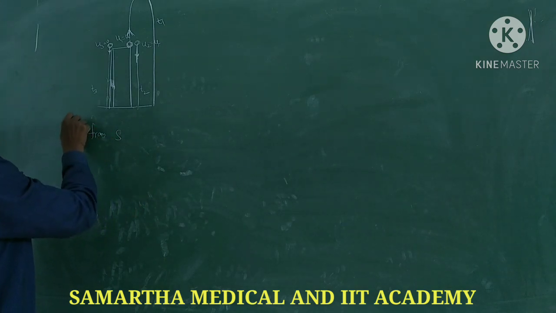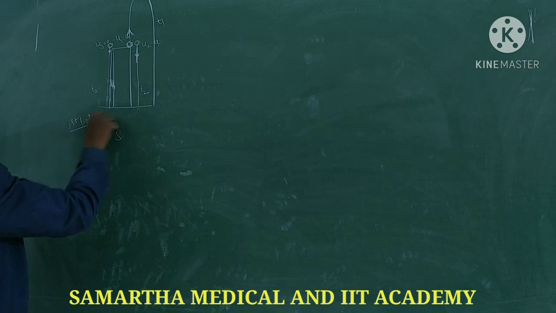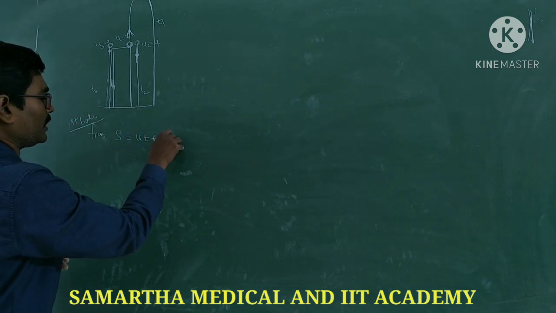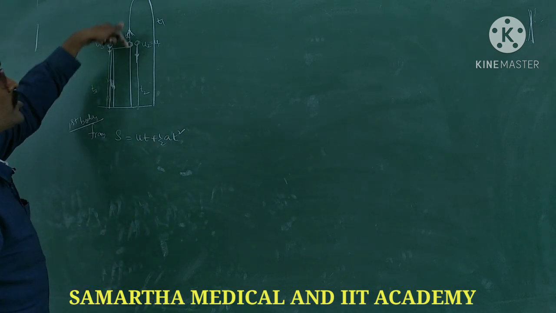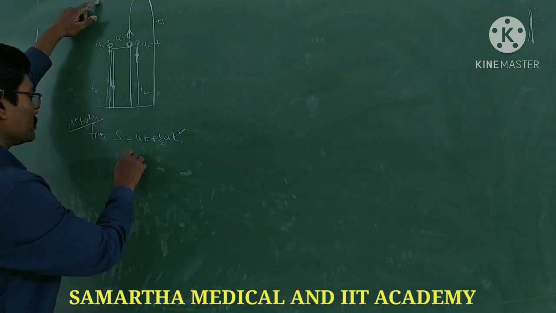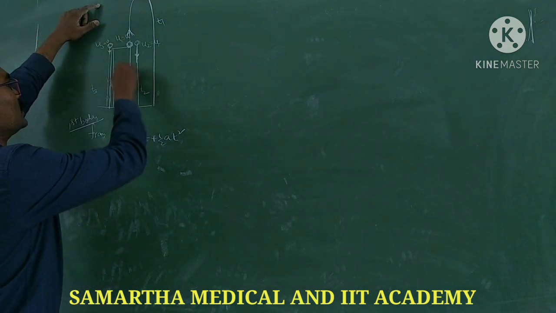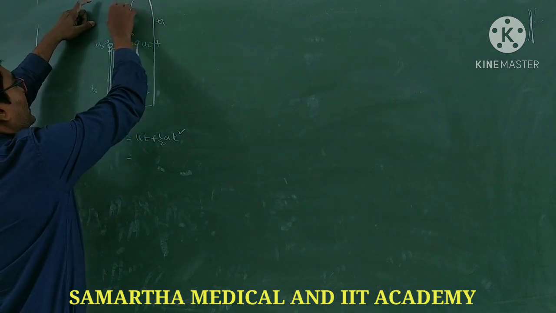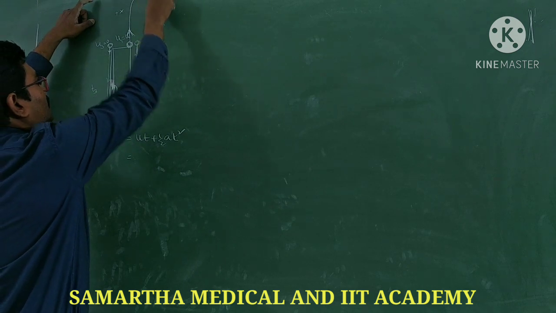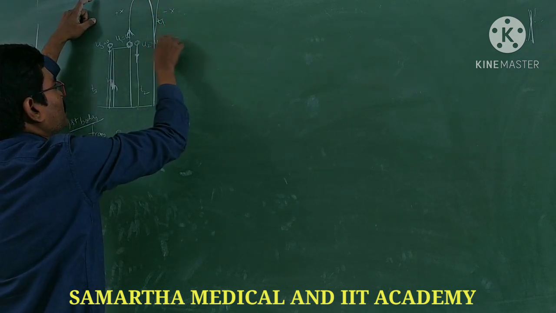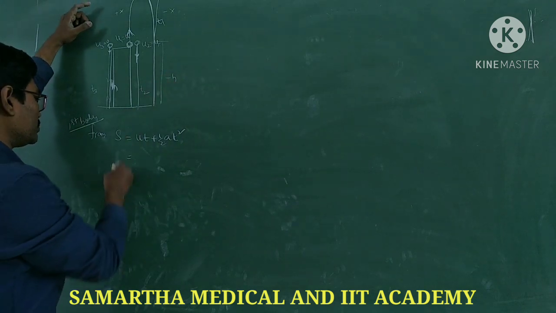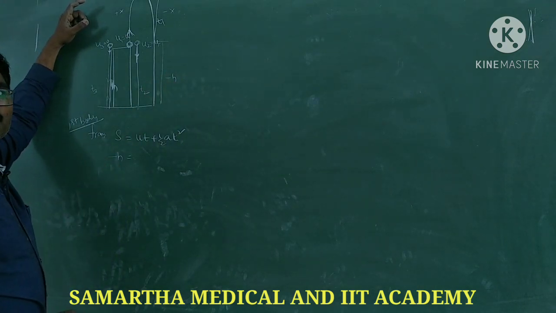For first body, listen. From s equal to ut plus half at square, first body is thrown in upward direction. So if h is the height of the tower, going upward is plus x displacement, coming down is minus x displacement, and it goes below the tower, that is minus h. So net displacement is minus h.